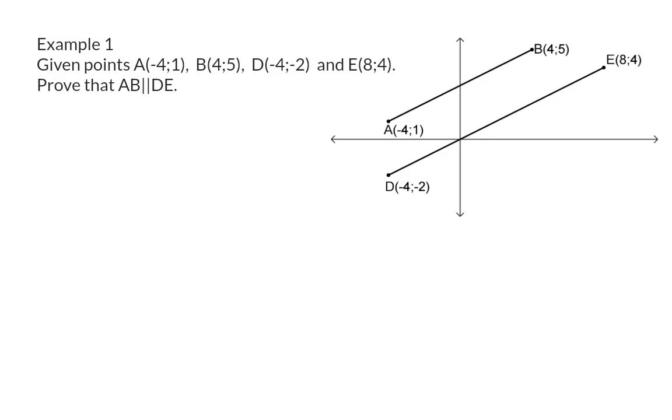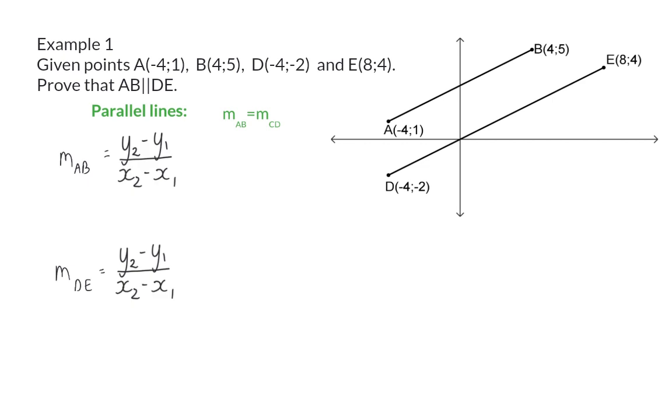Example 1. Given points A, B, D, and E, prove that AB is parallel to DE. We just saw that parallel lines have the same gradient. Therefore, we need to determine the gradient of line AB and then also the gradient of line DE to see whether they are equal or not.